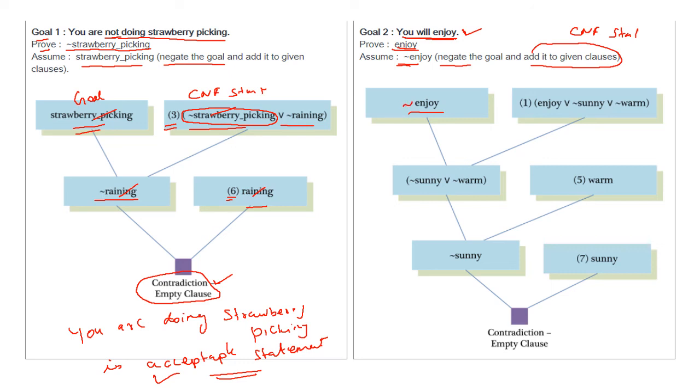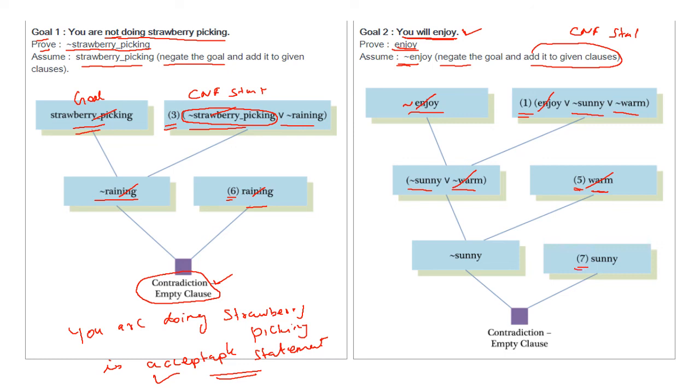So negation of enjoy, and our first statement is enjoy or not sunny or not warm. So this enjoy and the negation of enjoy will get cancelled. Then we get not sunny or not warm. For this not warm we have the fifth statement, warm. So this warm will get cancelled here, and next we have not sunny.